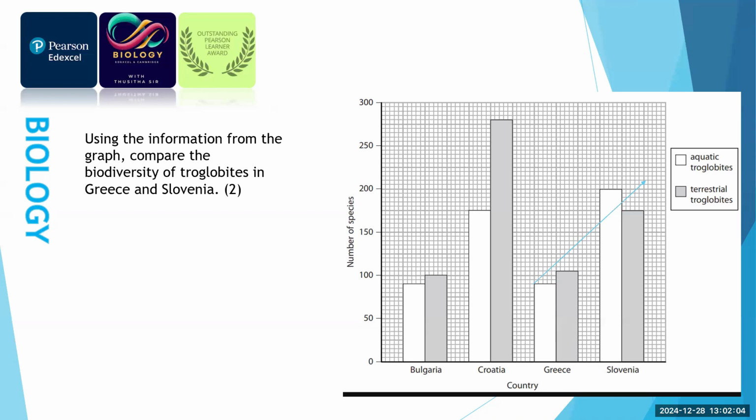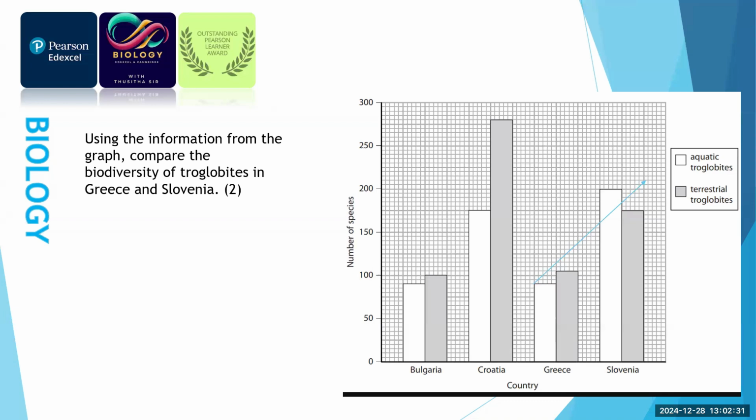The other is the heterozygosity index, which we can use to compare the allele frequencies of species. Here, comparing Greece and Slovenia, we can see Slovenia has the highest biodiversity.